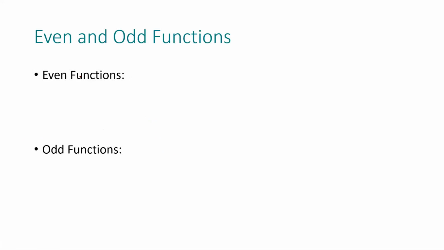To remind you, the type of symmetry that we're looking at with even and odd functions is easy to remember if we think about an even function as similar to an even power function, like f of x equals x squared, for instance. It is an even function because it has the property that f of negative x equals f of x, right?